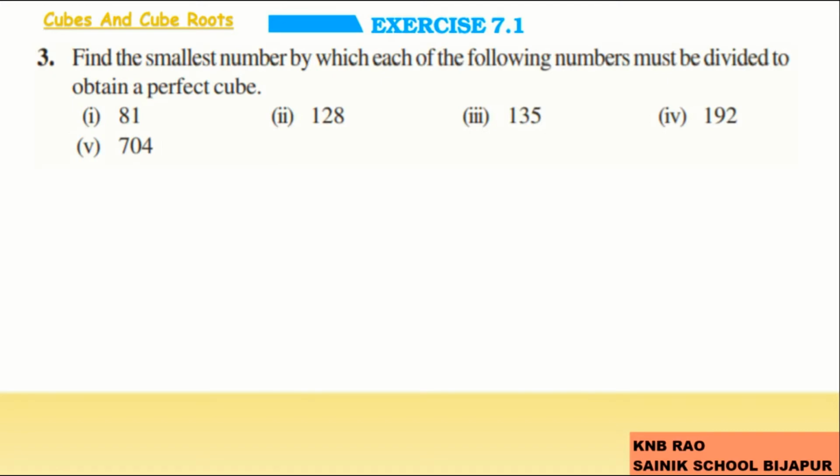So, in the question number 3, we have got: find the smallest number by which each of the following numbers must be divided to obtain a perfect cube.